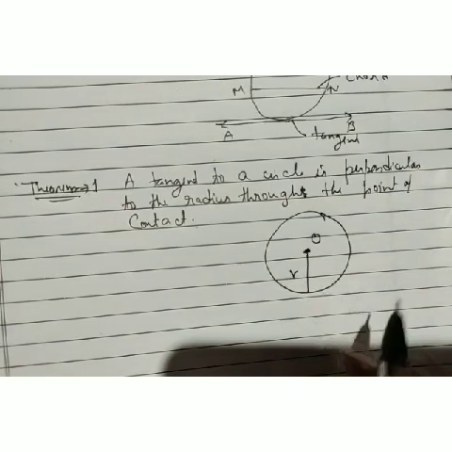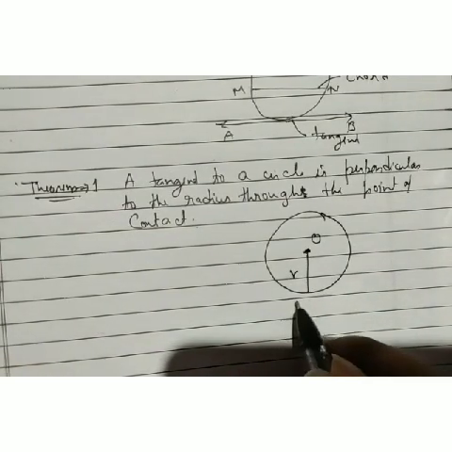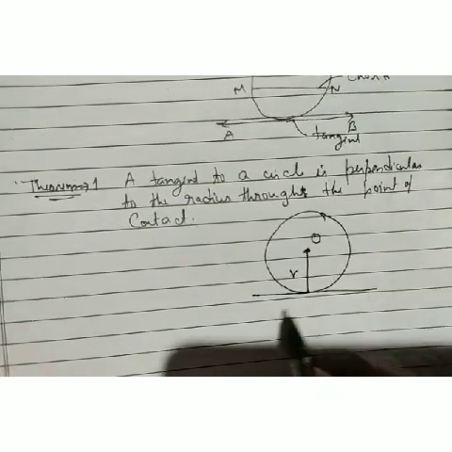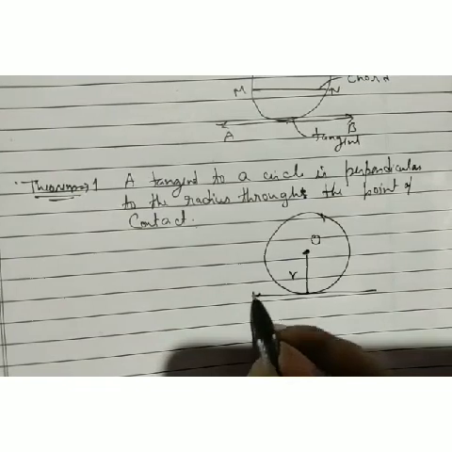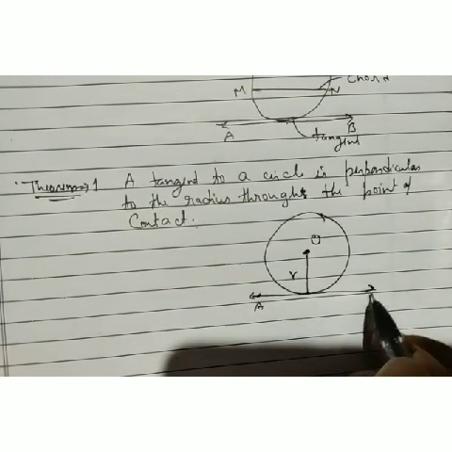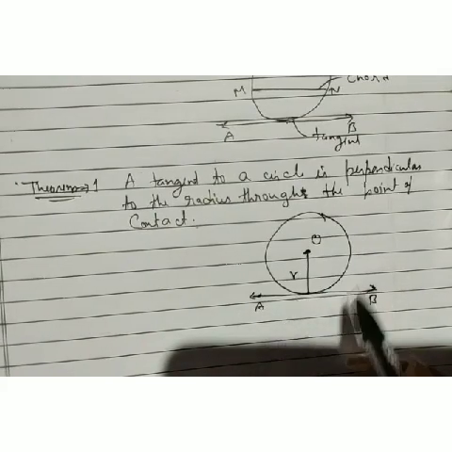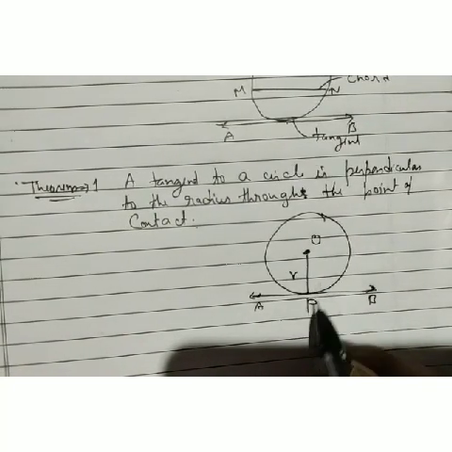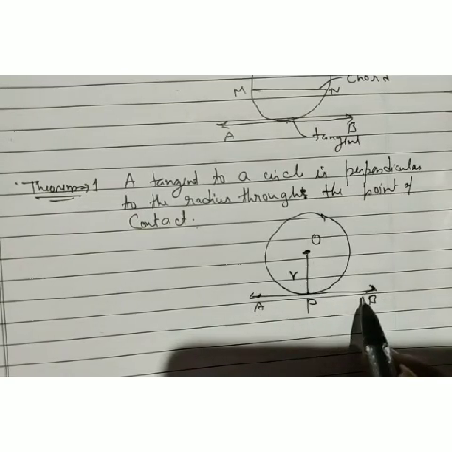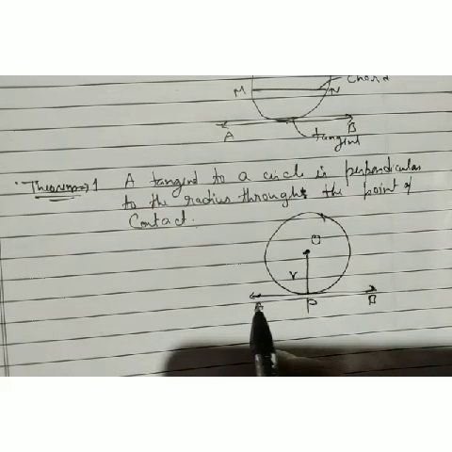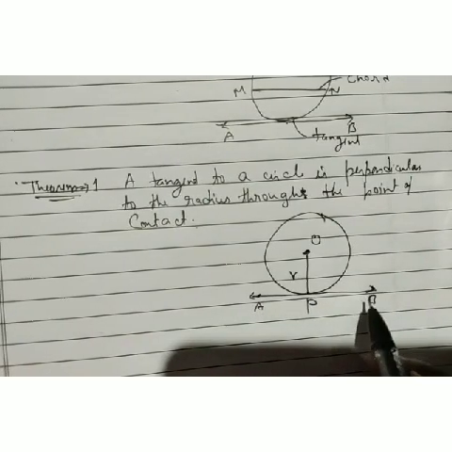This is our point of contact. We draw a tangent at the point of contact. Suppose we have a tangent AB, and let the point of contact be P. Now we have to prove that OP is perpendicular to AB.